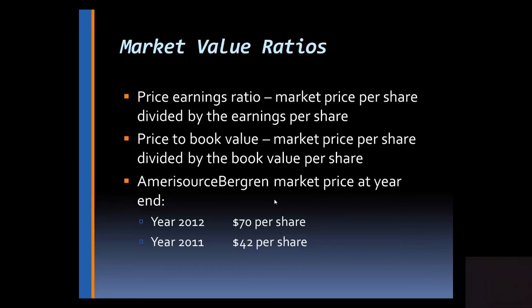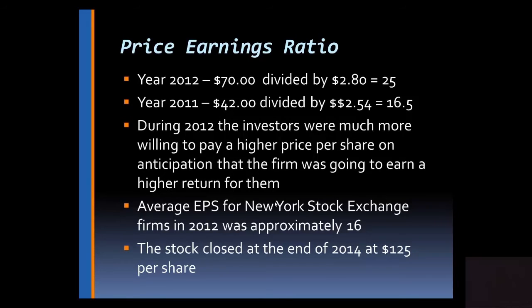Now, AmerisourceBergen's market price at the end of 2011 was $42 a share. At the end of 2012, it was $70 a share. It almost doubled. The earnings per share in 2011 was $2.54.